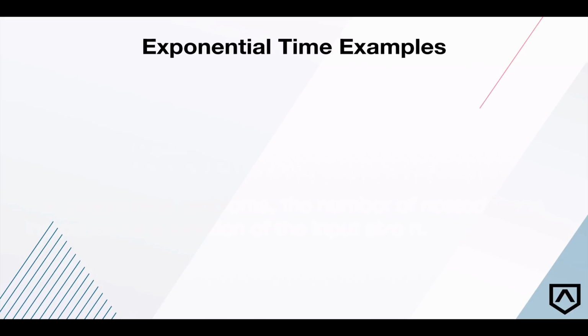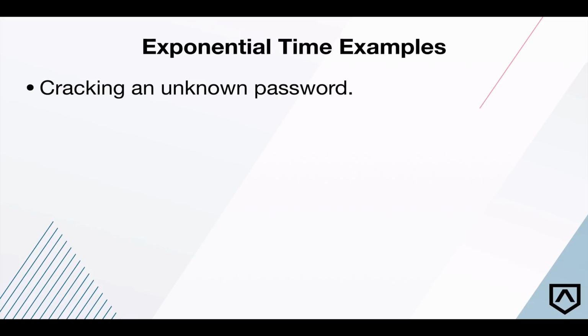So what are some examples of exponential time problems? It turns out there's a lot, and this is actually where a bunch of interesting problems are considered exponential time. For example, cracking some unknown password is an exponential time problem.